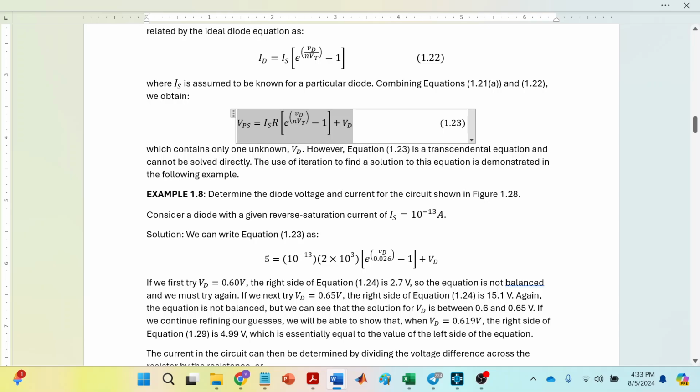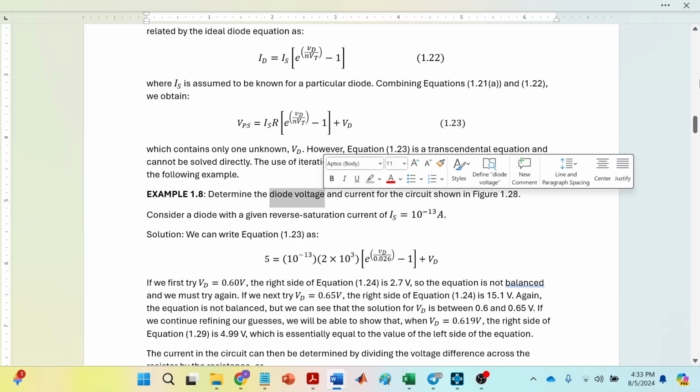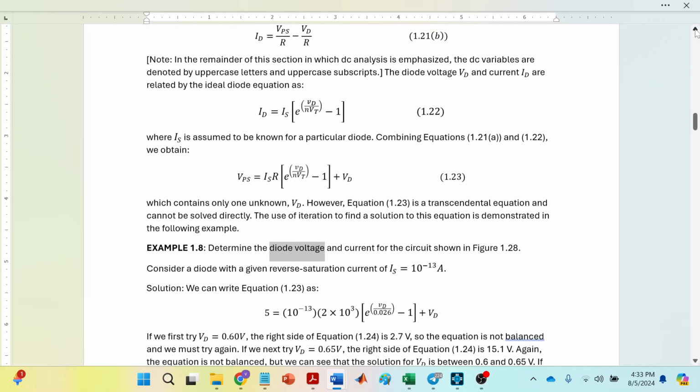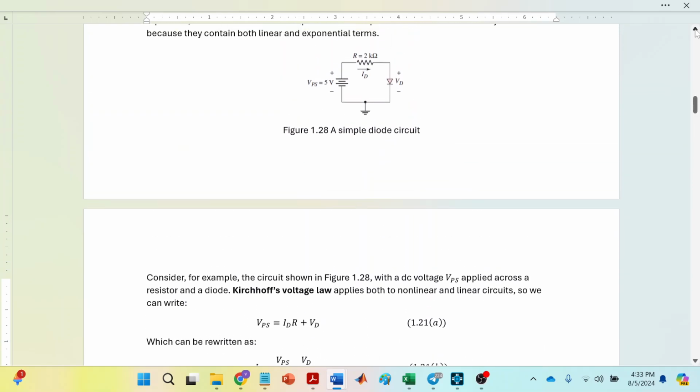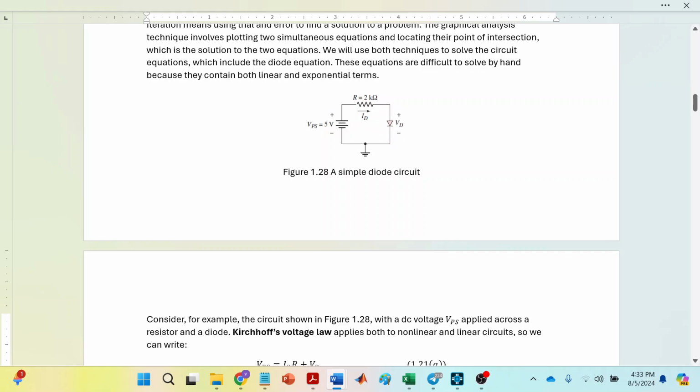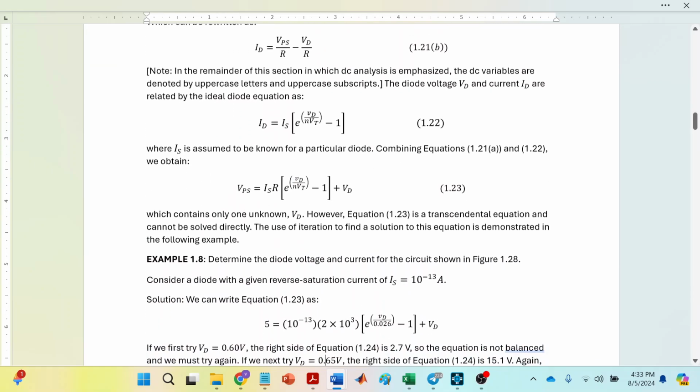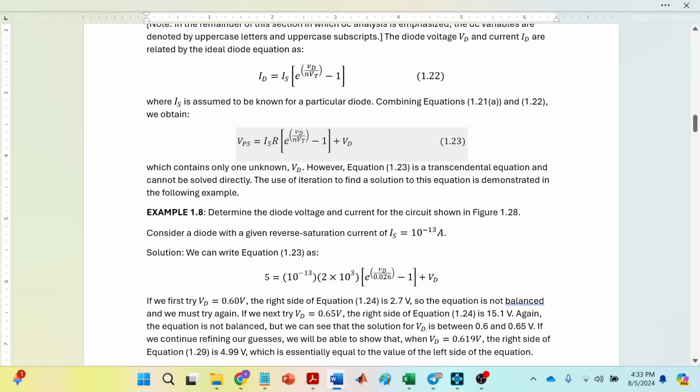So in this example, we want to determine the VD and the ID for the circuit in figure 1.28. So we want to determine the voltage drop across the diode and also the diode current. So we've already arrived at this equation and we want to get VD. So we'll just substitute the values because the values are already specified here.